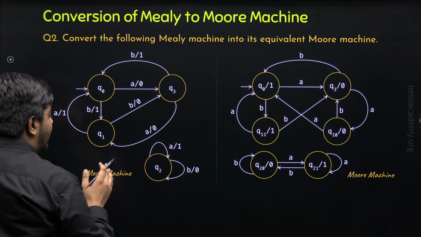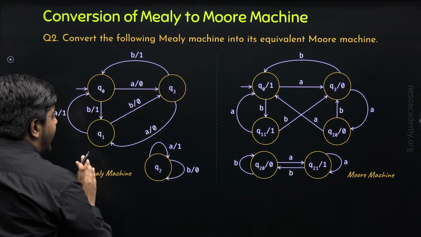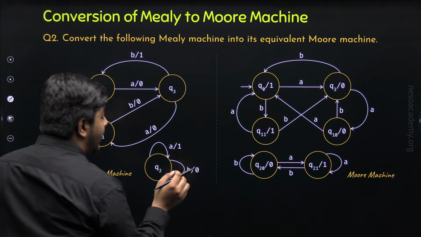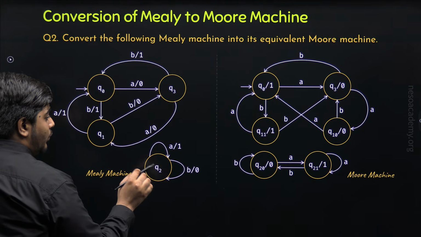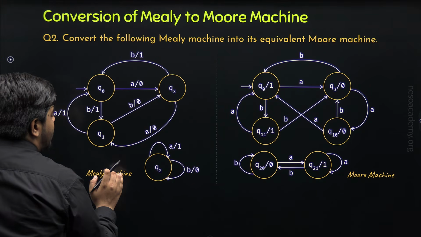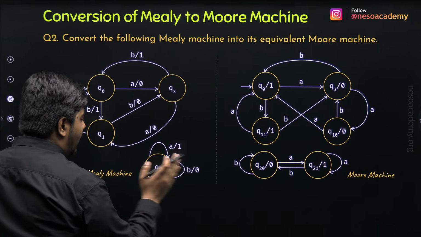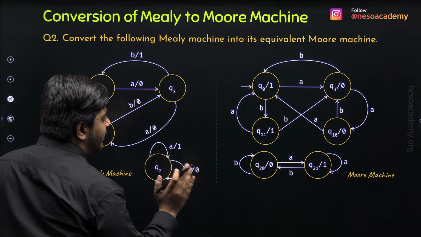That means while converting a Mealy machine into a Moore machine, the number of states may increase. In the previous lecture, I explained that while converting a Moore machine into its equivalent Mealy machine, the number of states remains the same. But here, the number of states may increase.